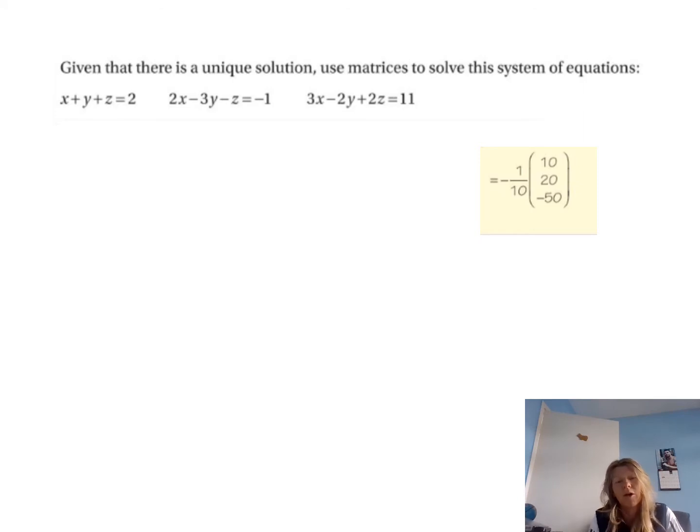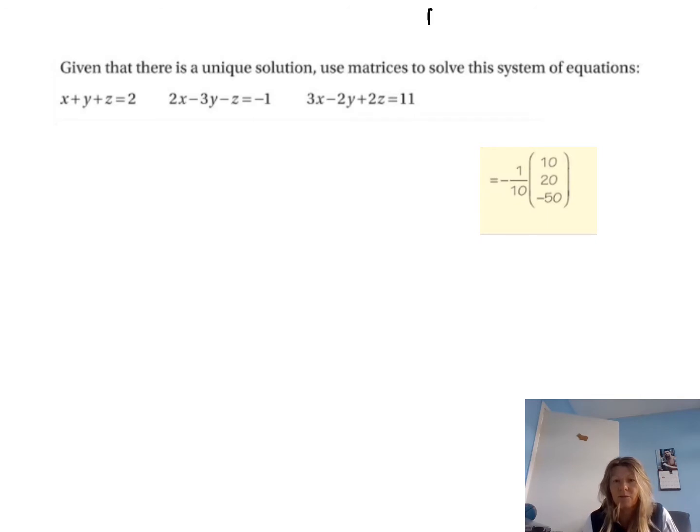So you have to set them up one under each other, then get a matrix A. Find that matrix A has a determinant which isn't 0, and then you can work out the inverse matrix.